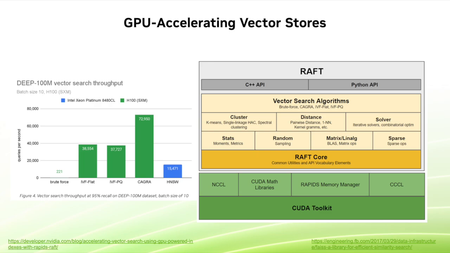FAISS GPU is there to help accelerate this process, and other components like RAFT are being integrated into systems like FAISS in order to make this process significantly faster and more scalable. This is, of course, a very small consideration when you're dealing with only a single user, but when you're dealing with many users all at once, then it's a much bigger problem and it's something important to tackle.